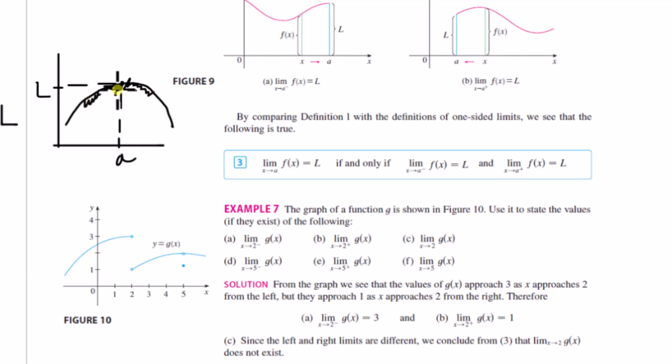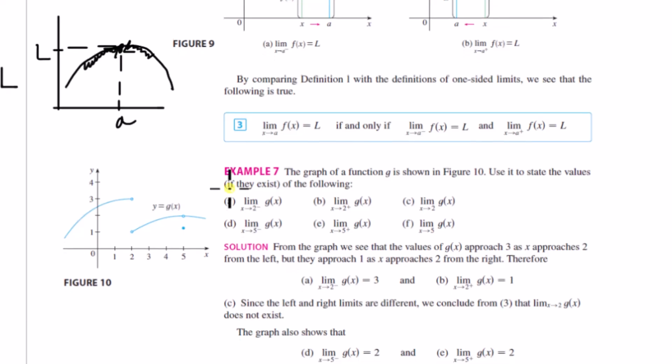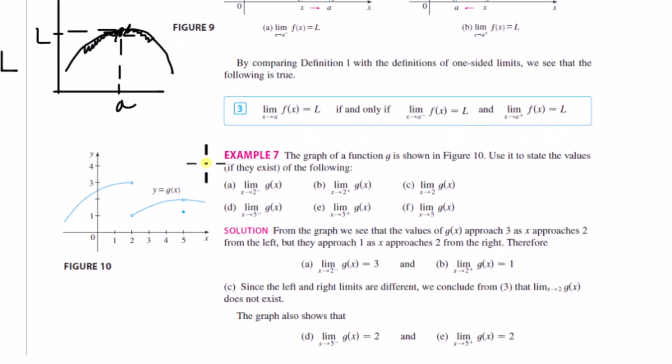So the limit in general exists and is equal to L because the one-sided limits are both equal to L. Okay, so now with our understanding of one-sided limits, we can start to look at these practice exercises involving graphical limits, which are really useful for building your intuition of limits.